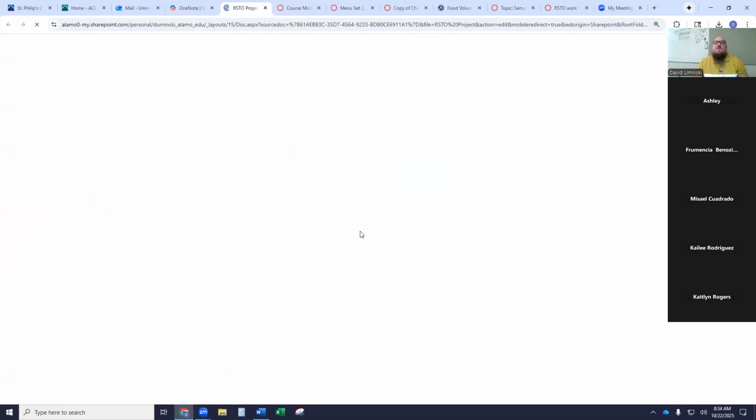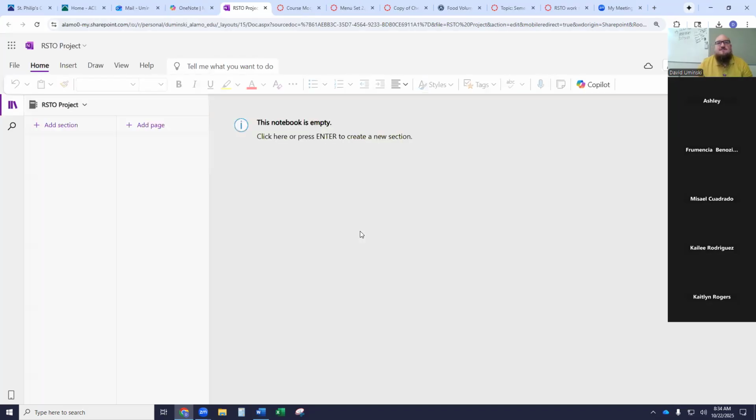What I relate OneNote to, for anybody who is of my age, I don't know if y'all remember back in high school when your teachers had those transparencies on scrolls, and they would just scroll with the overhead projectors. OneNote is like that transparency scroll. You can just keep going and going and going.